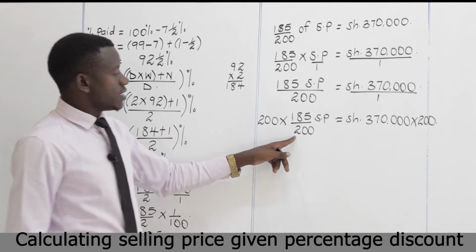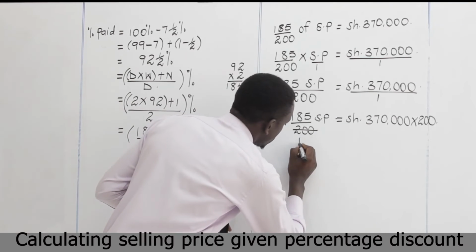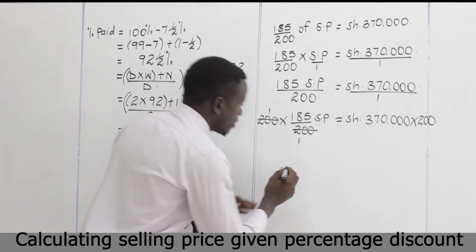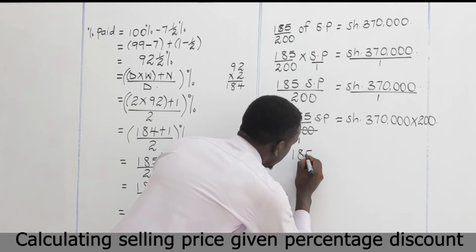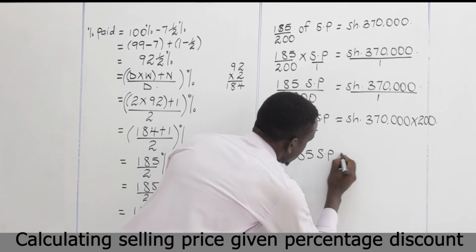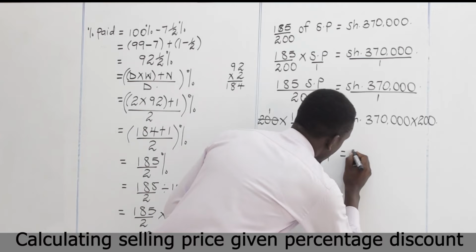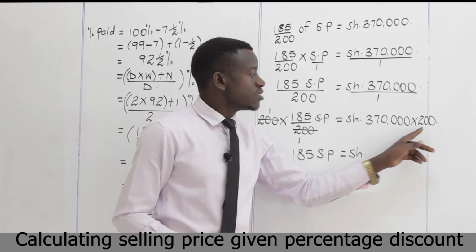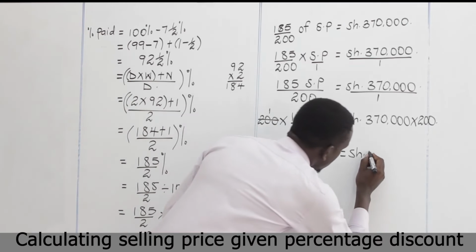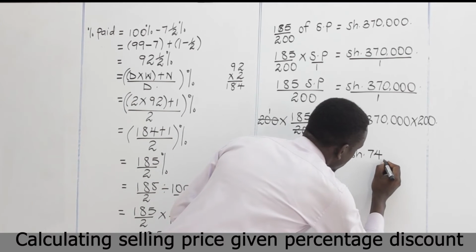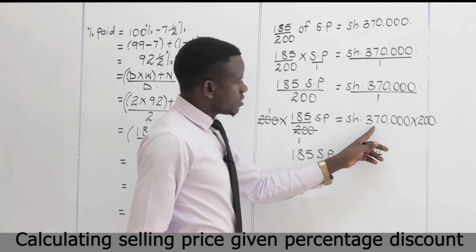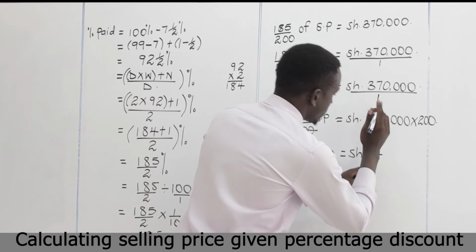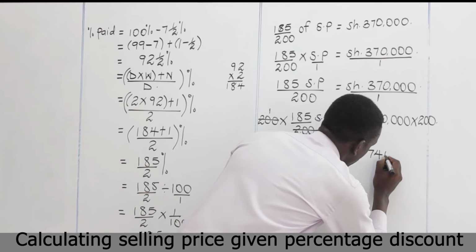So we shall have 200 divided by 200, which is 1. Then 200 divided by 200, which is 1. Then we shall have 185 selling price, which is equal to the product of 370,000 and 200, which would be 74. Then 2 times 37 is 74. Then 1, 2, 3, 4, 5, 6 zeros, which would be 74 million.